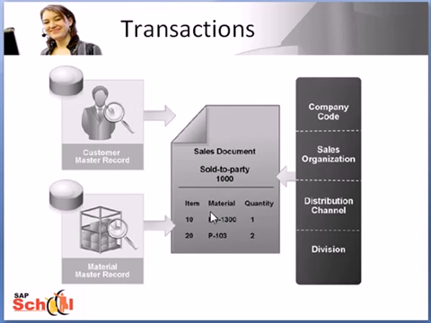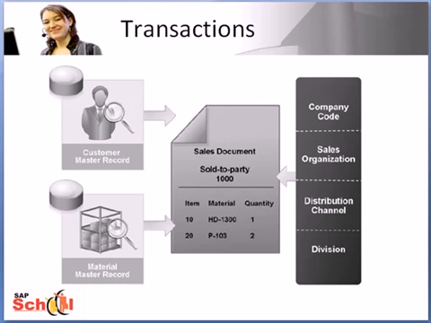Likewise, once the material master number is entered, the relevant material data will be copied into the sales order. Whenever a transaction is executed in the system, a document is created. This document, a data record of the transaction, contains all of the relevant predefined information from the master data and org elements.